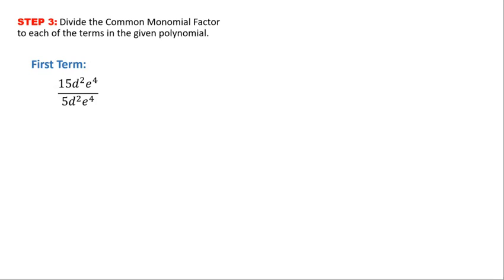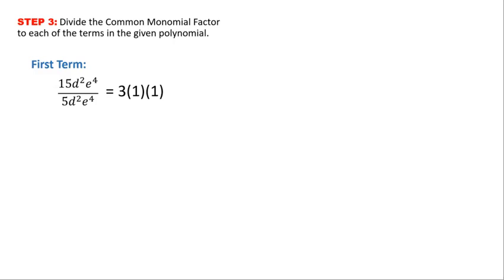Now, unahin natin dalawang coefficients. 15 divided by 5 is 3. Next, d squared divided by d squared is equal to 1. E to the fourth divided by e to the power of 4 is equal to 1.